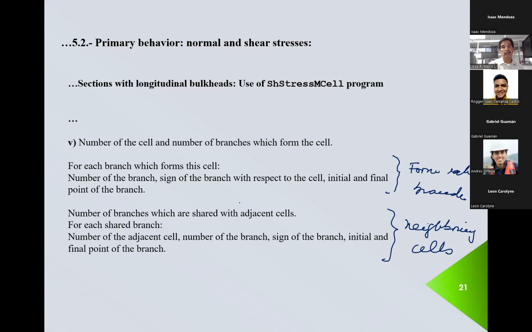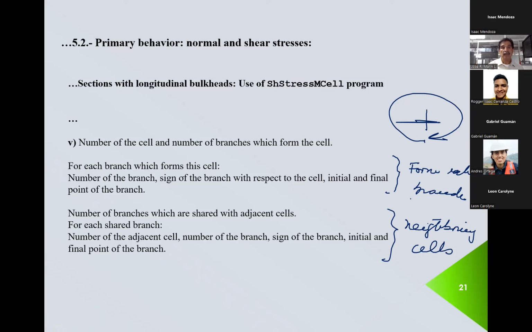For each cell, remember, this is super important, that you remember that this is a positive sense, okay? So for each cell, you have to form it. How do you form it? Taking from each branch, okay, the points which are contributing to form this cell, okay?